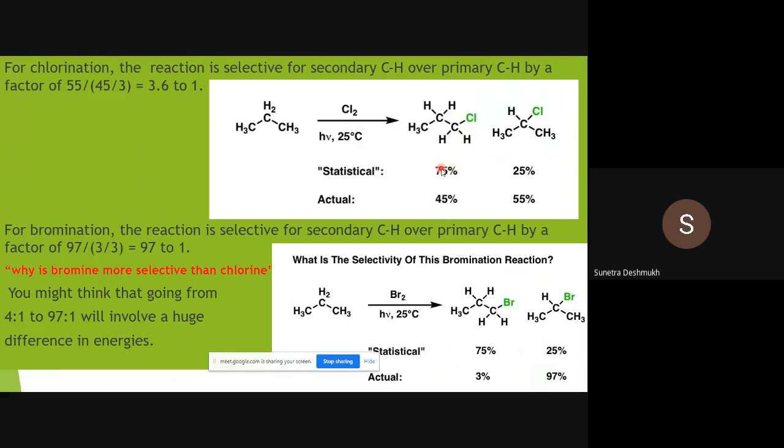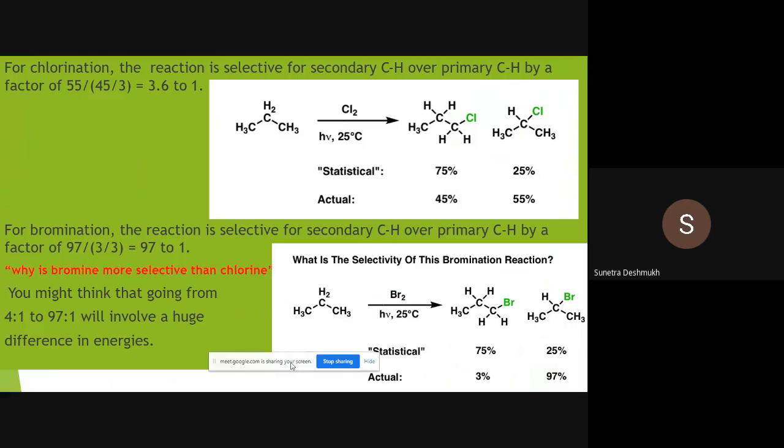Here you can see primary halide formation is 75% and secondary halide formation is 25% statistically, that means expected. But what we actually get is 45% primary halide and 55% secondary halide in our hand. So it's almost 50-50%, there is no selectivity at all.